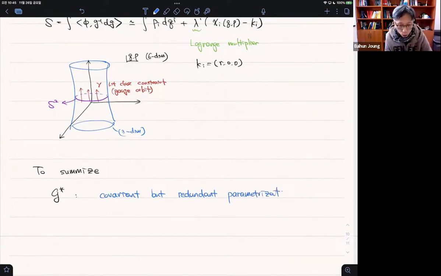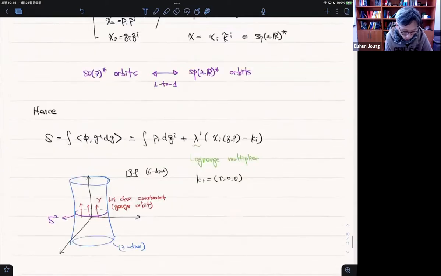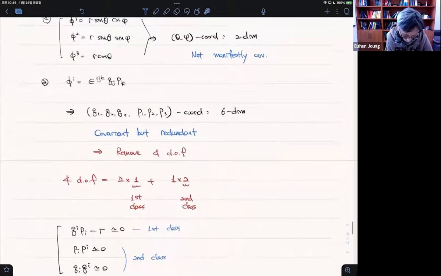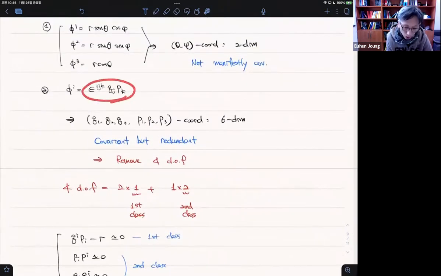So what we do using dual pair correspondence is that we describe an orbit, not only a specific orbit, but actually some part of G star, some part of SO star.